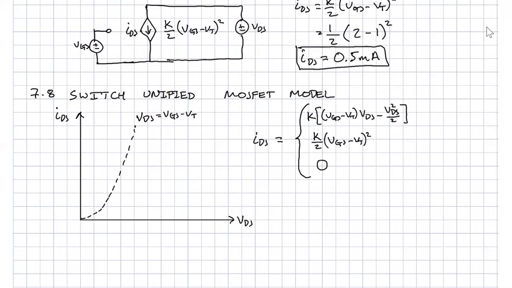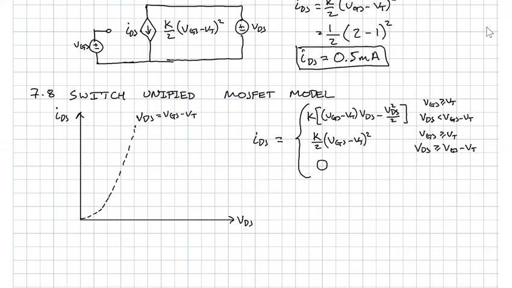So in triode, we know that VGS is greater than or equal to VT. We turn the device on, but VDS is less than VGS minus VT. In saturation, we know that the device is on, so VGS is greater than or equal to VT, but VDS is greater than or equal to VGS minus VT.